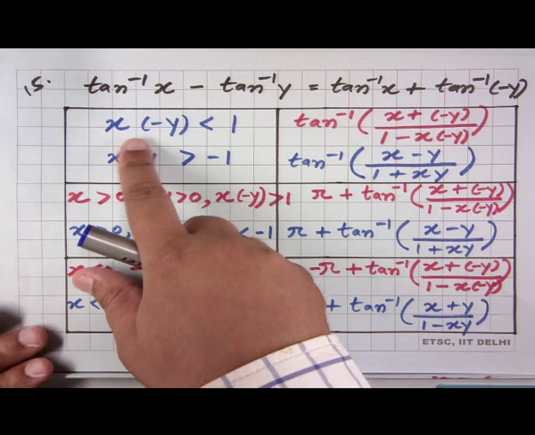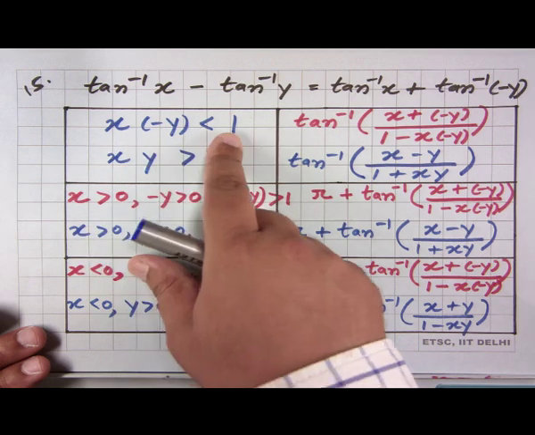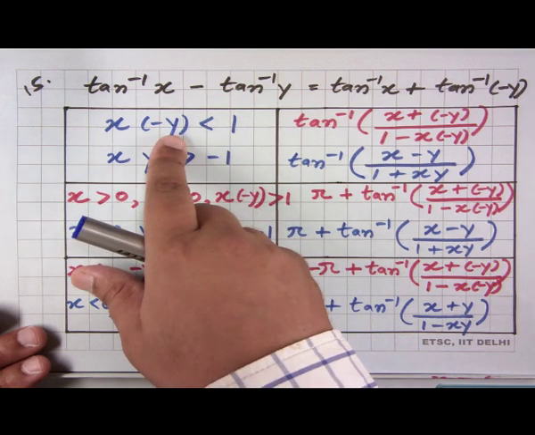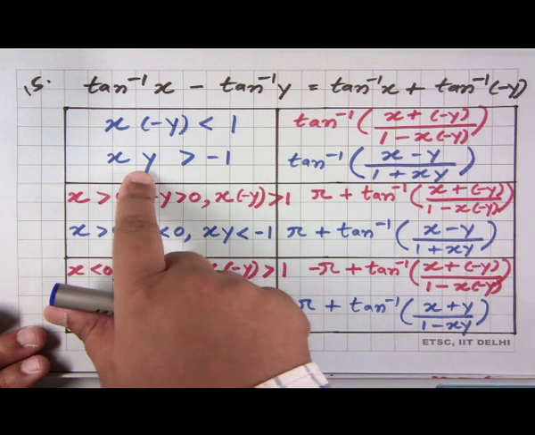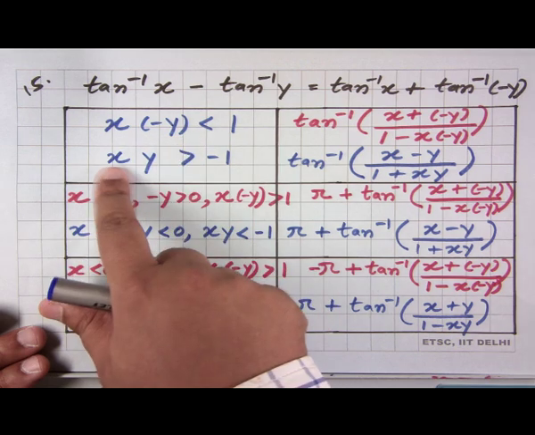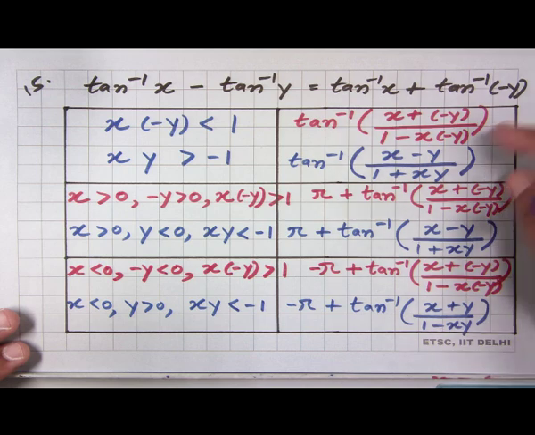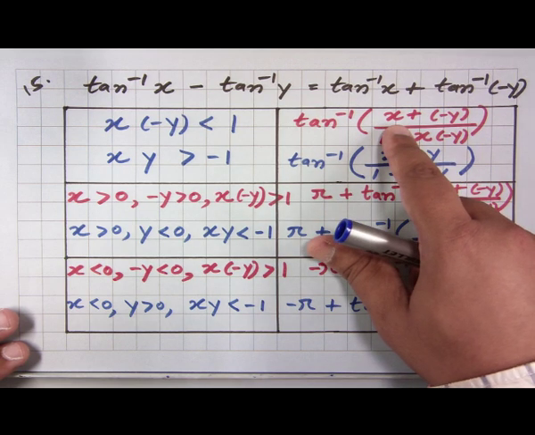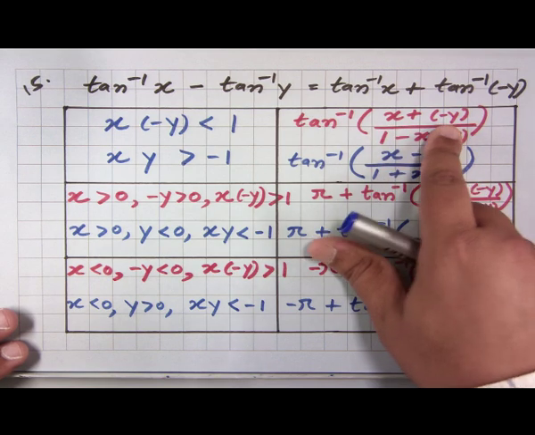So x times minus y. Earlier we had x y less than 1, but we replace y with minus y. So we get x times minus y less than 1, and the same condition can be equivalently written as x y is greater than minus 1. And then on the previous slide we had tan inverse of x plus y over 1 minus x y, but instead of y we write minus y.